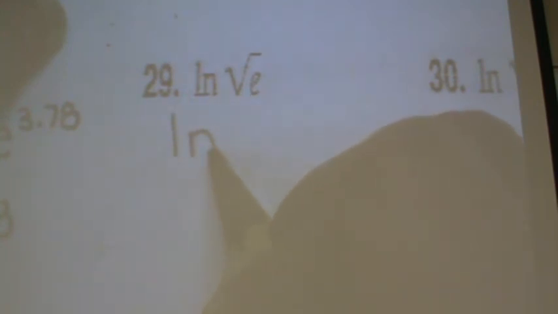What is it? Say it louder. 1/2. Good job. This is ln of e to the 1/2 power. Remember, square root means 1/2 power? Well, ln means log base e. So what's your answer? It's 1/2.